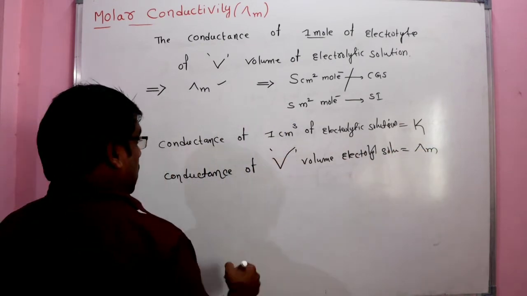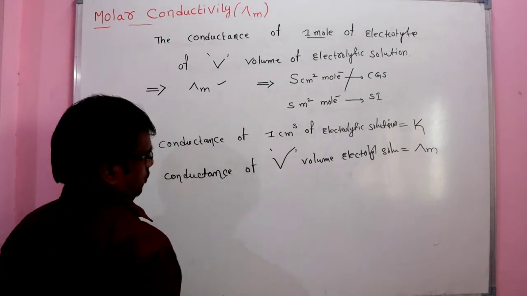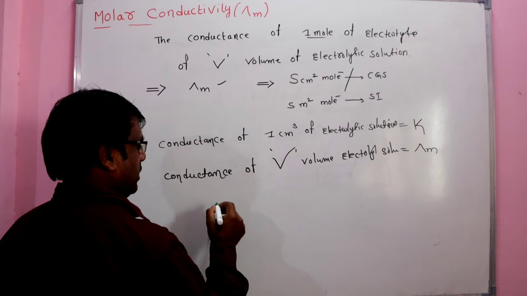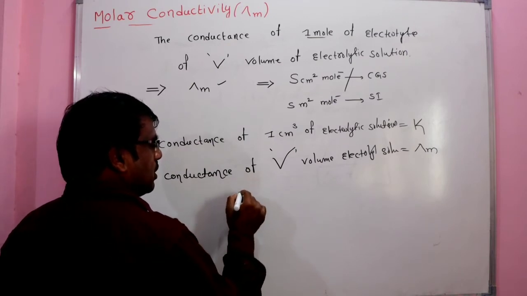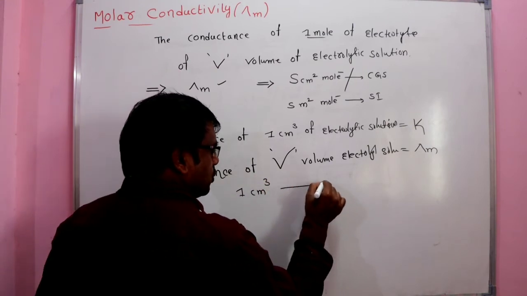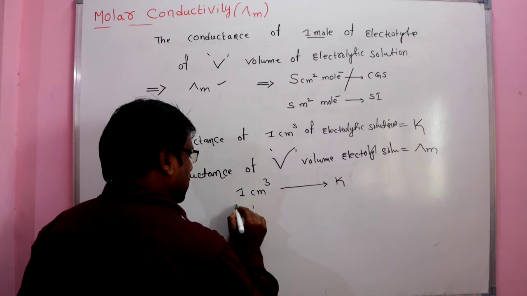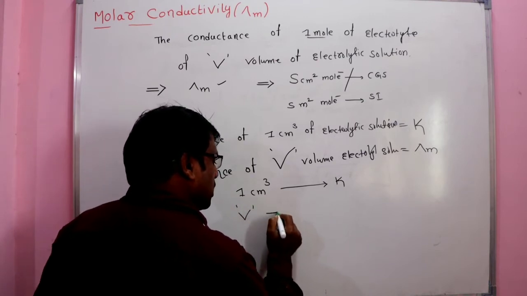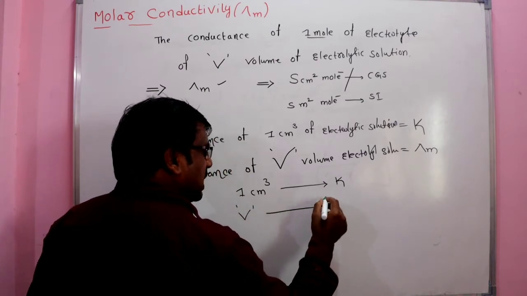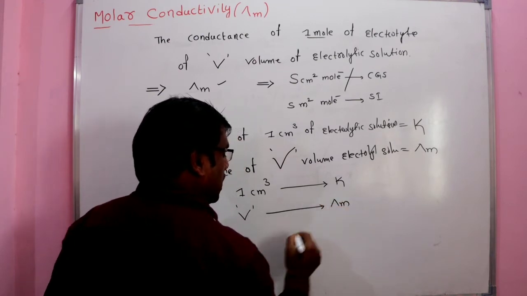Then it contains how much of electrolyte? 1 mole of electrolyte. Now the relation we have, for 1 centimeter cube the conductance is denoted by K, and for V volume, either V centimeter cube or V meter cube, the conductance is denoted by lambda m.